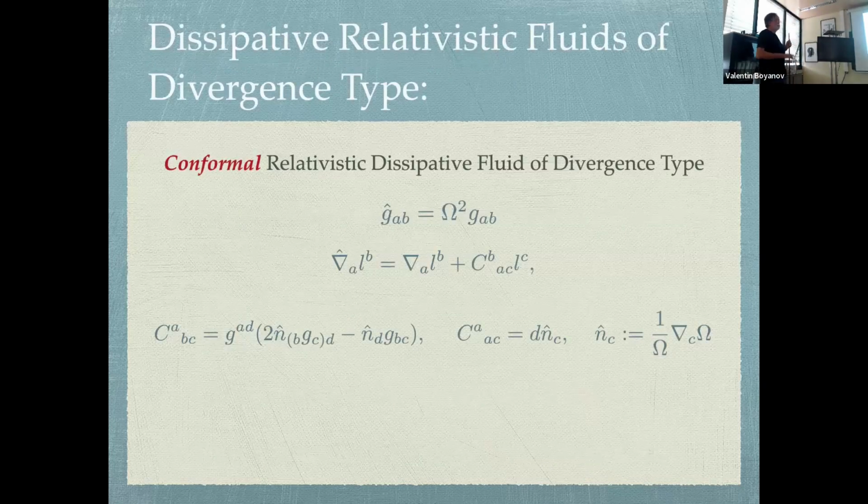So what happens there? This is the whole zoo of divergence theories, right? It's huge. You have basically three functions which are free. You can adjust the first, saying, okay, I want an equation of state. That's okay. You can adjust the second, saying, okay, I want the heat flux to be proportional to the gradient of temperature in some way with some coefficients.